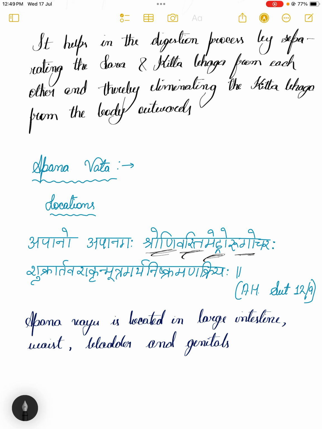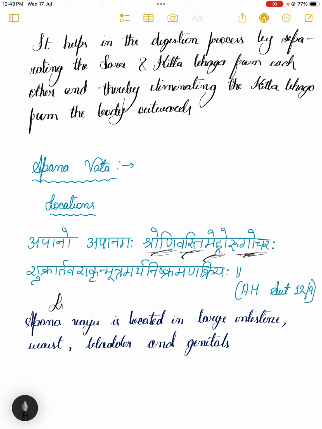Vasti means the bladder, Medra means the genital organs, and Shroni can be correlated with the large intestine. Rugo Charaha means that here resides the Apan Vayu and it moves here and there among these three locations.